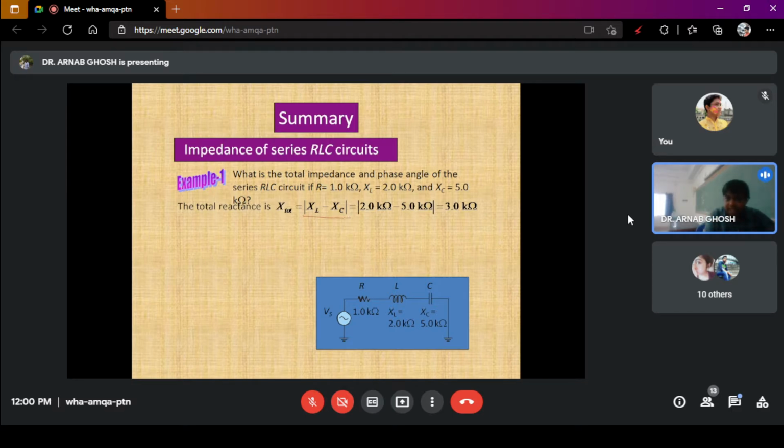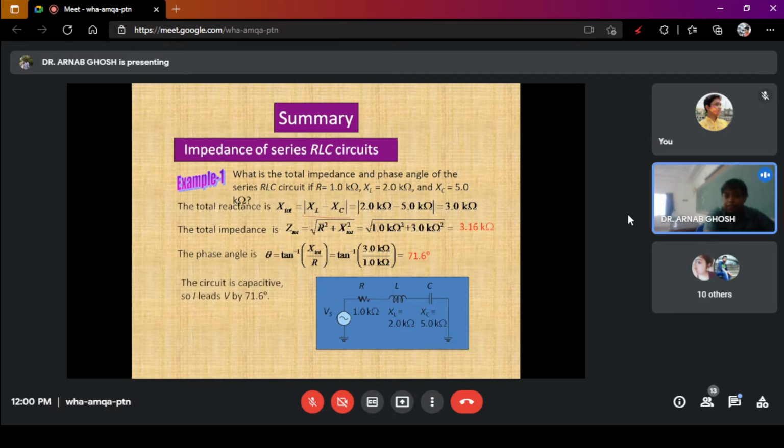Here Xc is greater than XL, so it is 5 minus 2, that is 3 kilo ohm. You can calculate the Z total from this, and theta is equal to tan inverse of X total by R, that is tan inverse of 3 kilo ohm by 1 kilo ohm, that is equal to 71.6 degree. This is a very basic sum on how to calculate the phase angle and the total impedance.